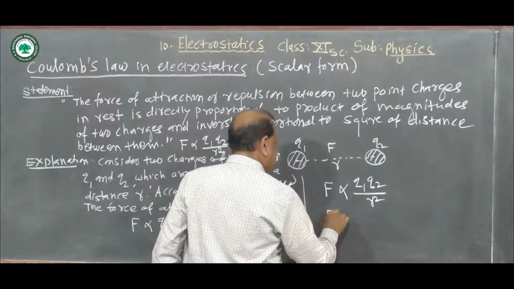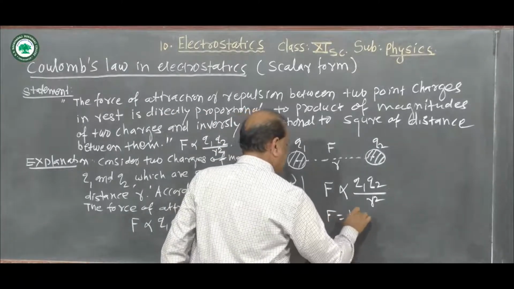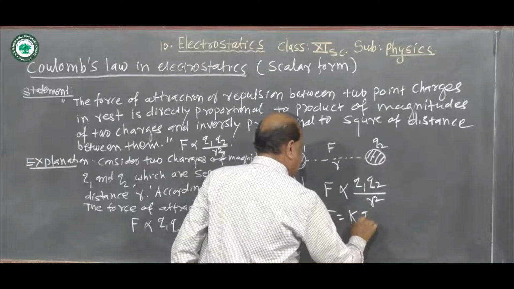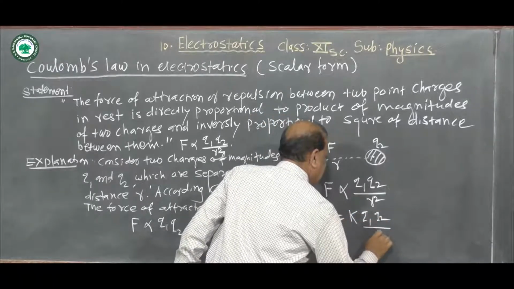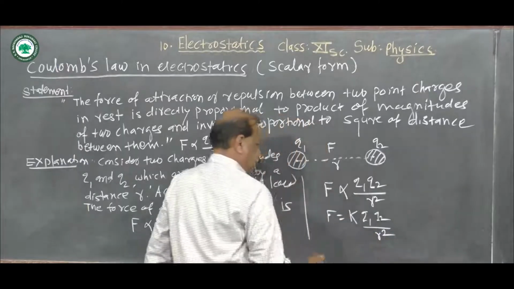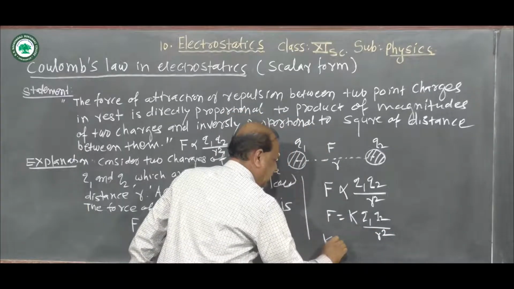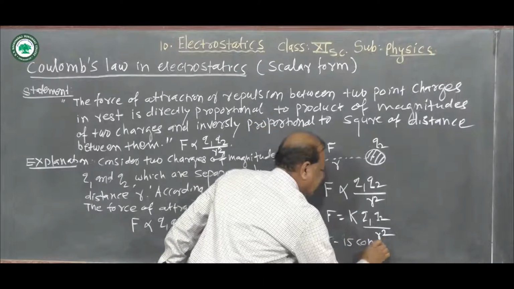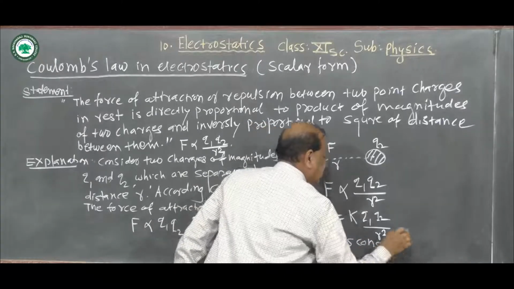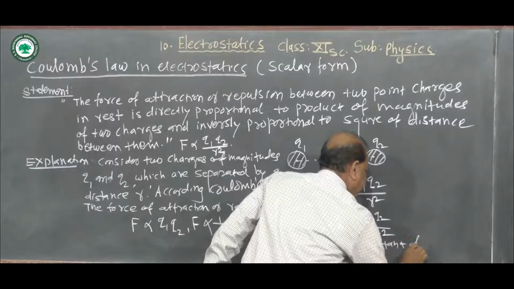Now we write F is equal to k Q1 Q2 divided by r squared, where k is the constant of proportionality.